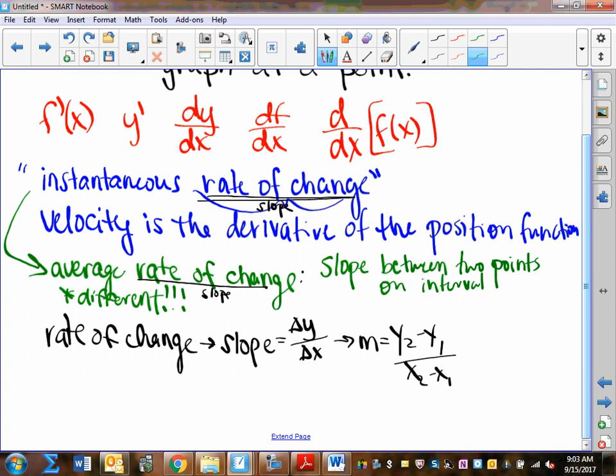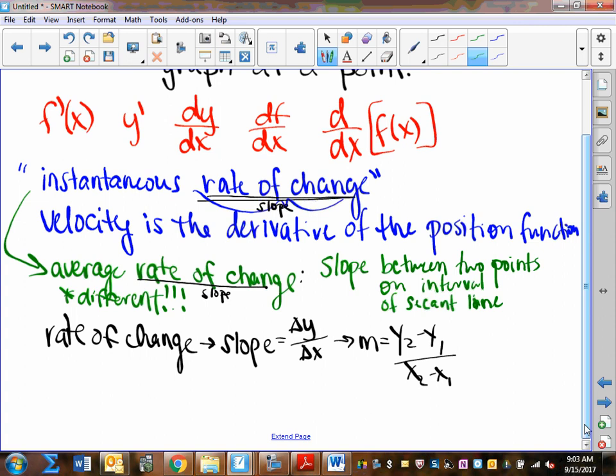Or if we think of it in terms of secant and tangent lines, it's really the slope of your secant lines. Because a secant line, again, is a line that goes through 2 points. So if I take those 2 points and find the slope between them, it's the same thing as if I draw the line of those 2 points and find the slope of that line. Okay, so instantaneous indicates use derivative.